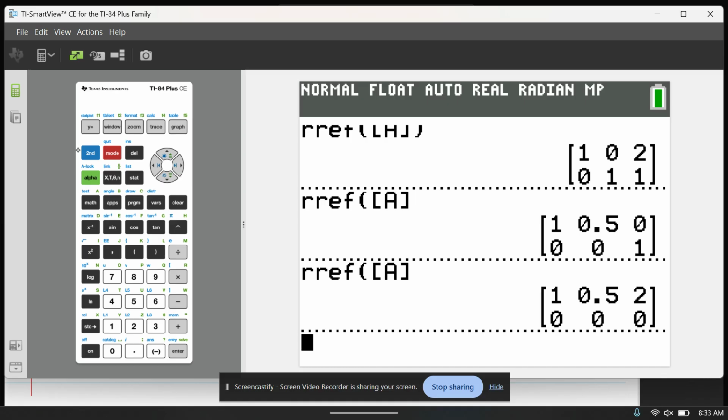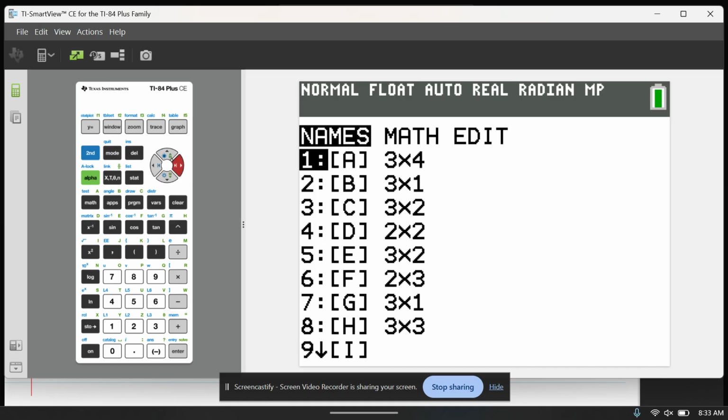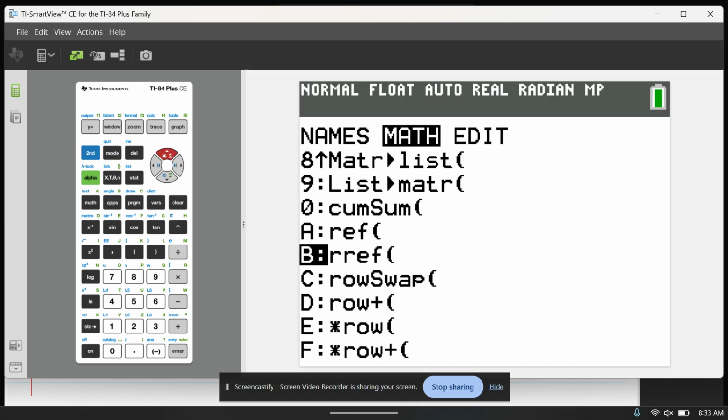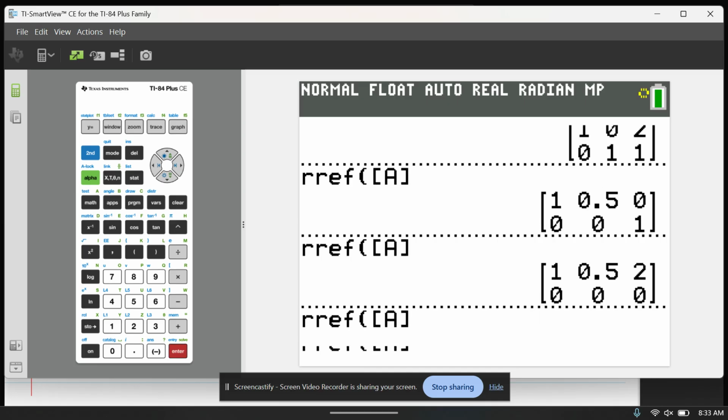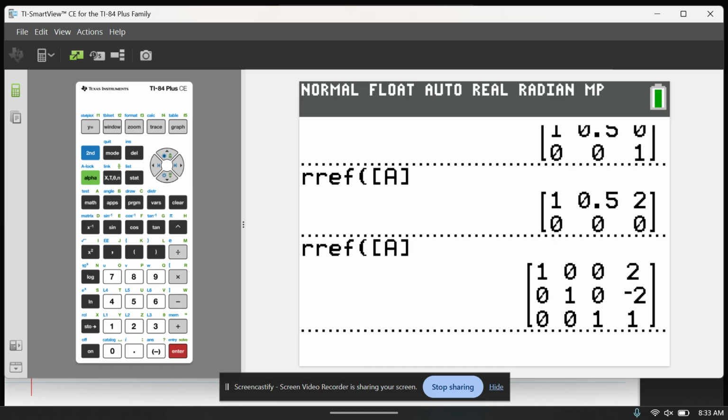And then I'm going to tell it to run RREF on that matrix. Whether you copy and paste that or go through the menu, it's either way. And we get this matrix left over.